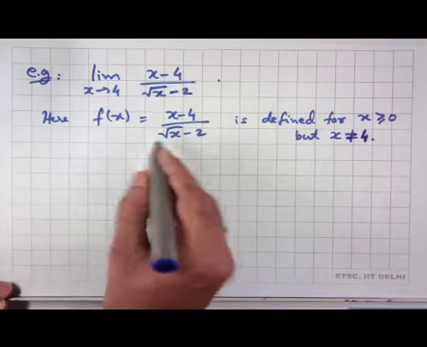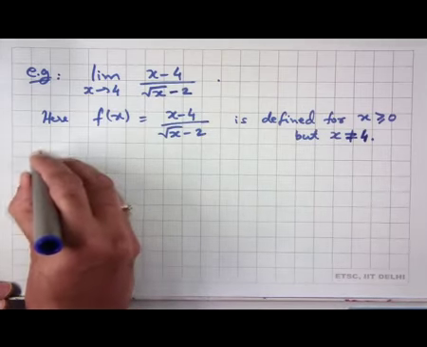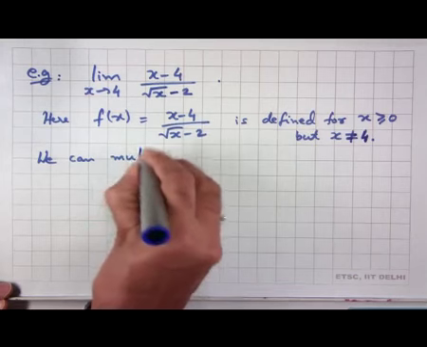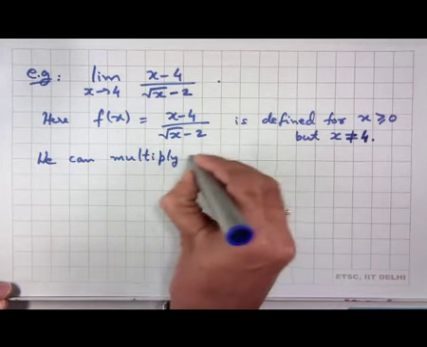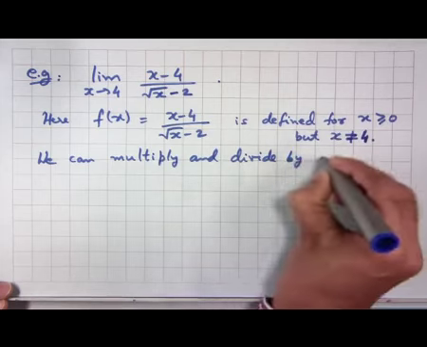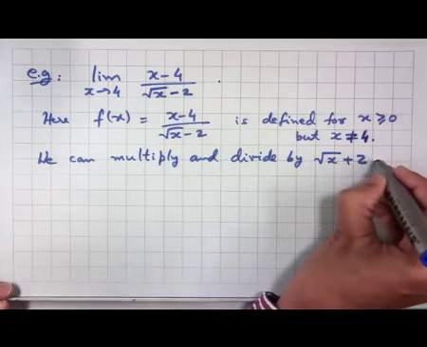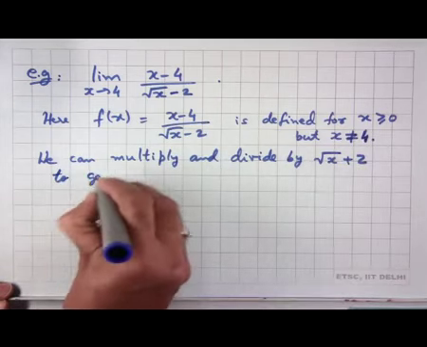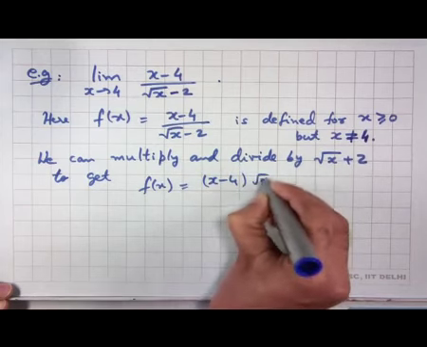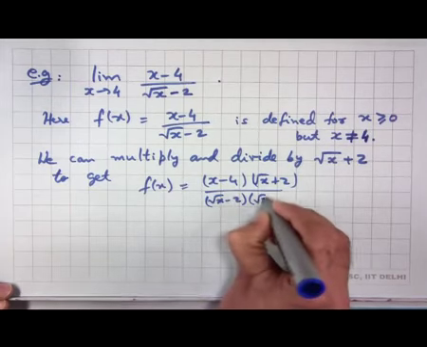So, note that again we can simplify. We can multiply and divide by square root x plus 2, this is the conjugate of square root x minus 2, to get f x equal to x minus 4 times square root x plus 2 by square root x minus 2 times square root x plus 2.